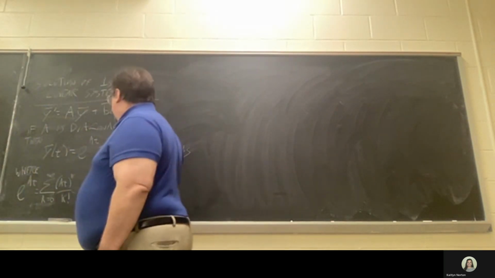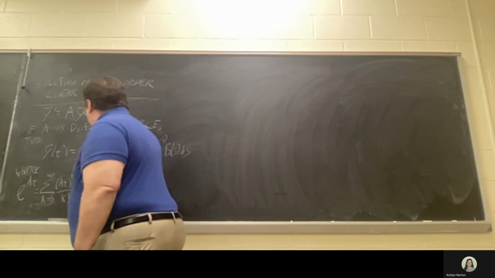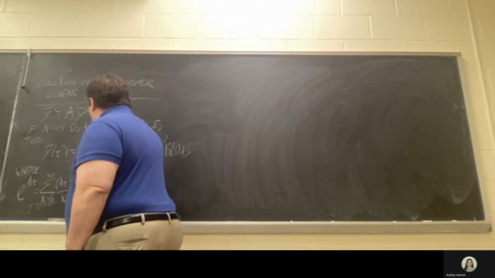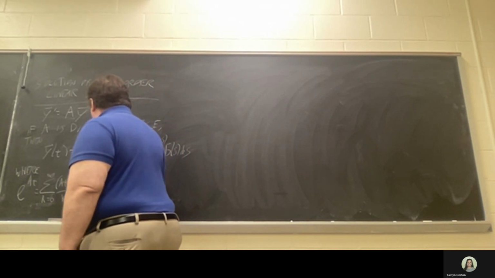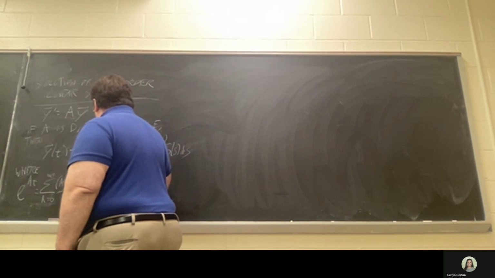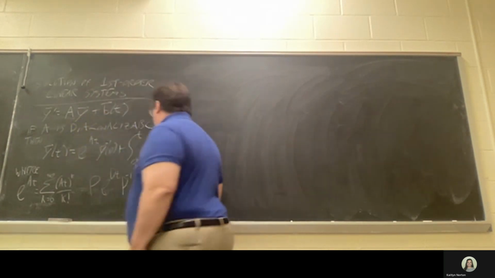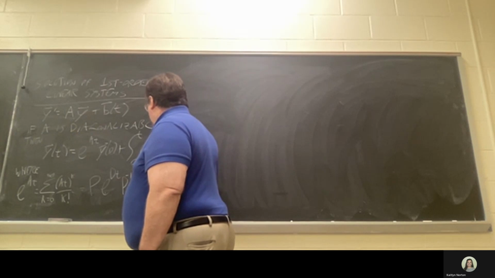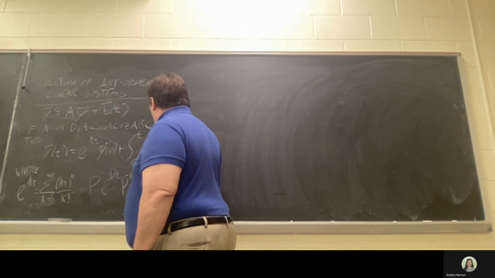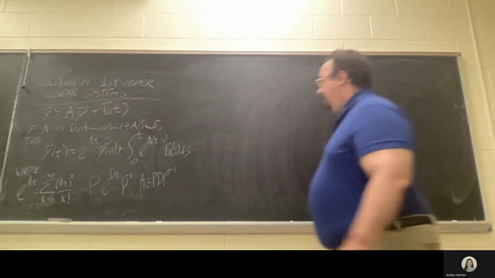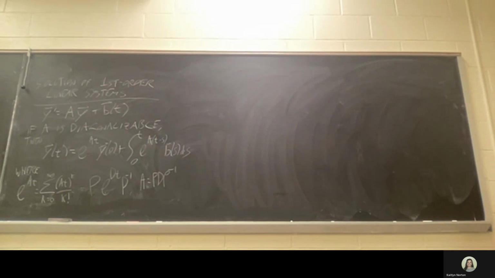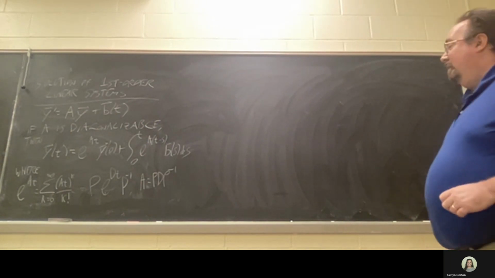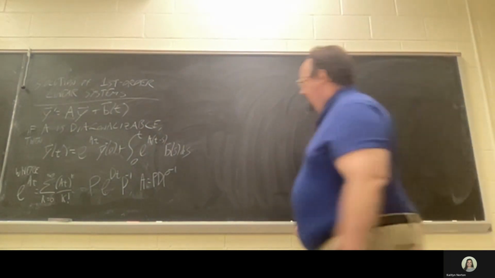But it was also shown to be equal to P e to the Dt P inverse, where A equals PDP inverse is a decomposition of A, where D is diagonal.